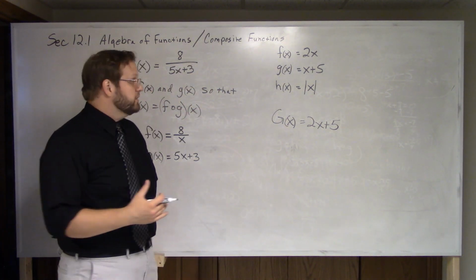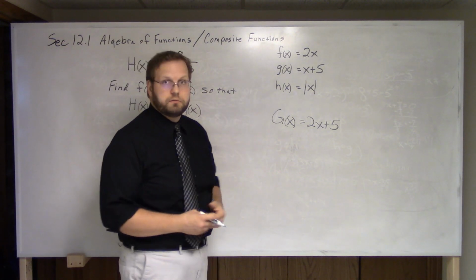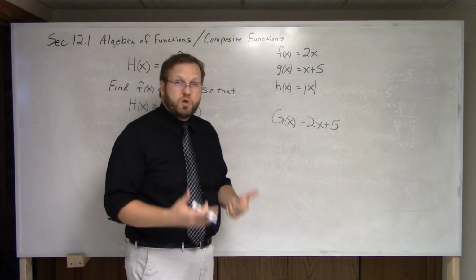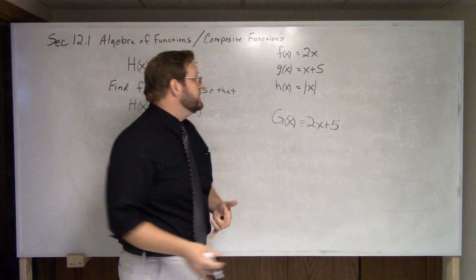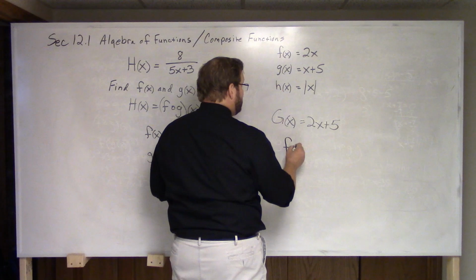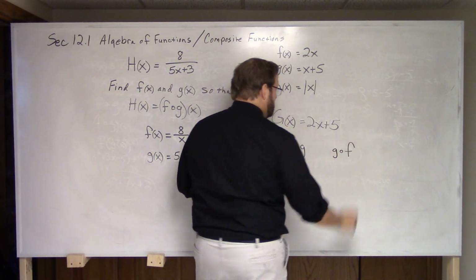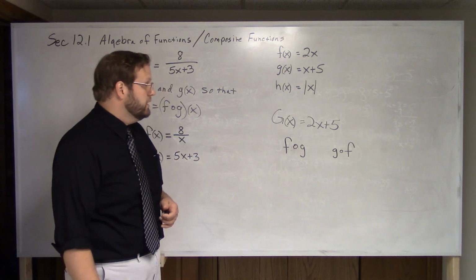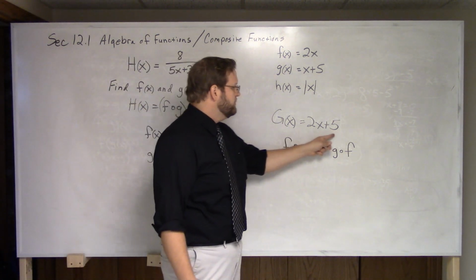So I've got that function 2x plus 5. Which of these has nothing to do with it? I would say h. There's no absolute value anywhere, so we're just eliminating that. So the question comes down to, is it f composed with g or g composed with f? Okay? Again, you can do both of them, or what is the big framework here?